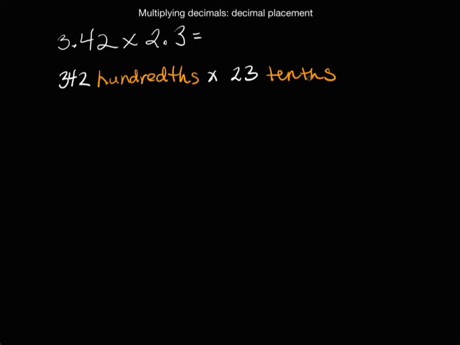Now I'm going to reorder my problem and put my numbers together, because this is really 342 times hundredths times 23 times tenths. So I'll reorder it as 342 times 23 times hundredths times tenths.